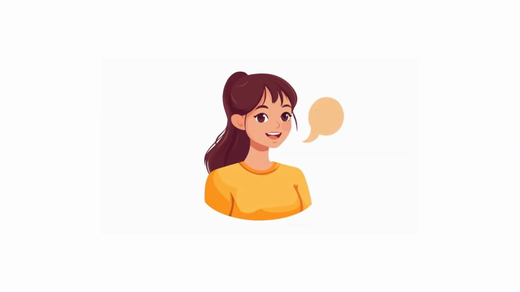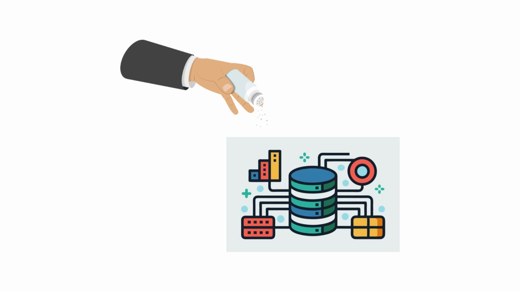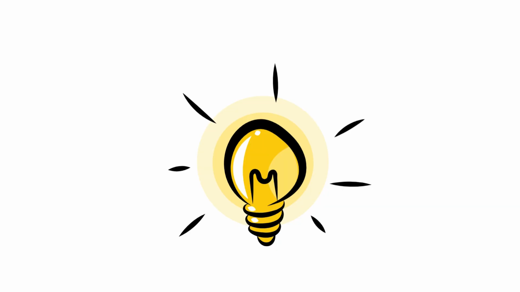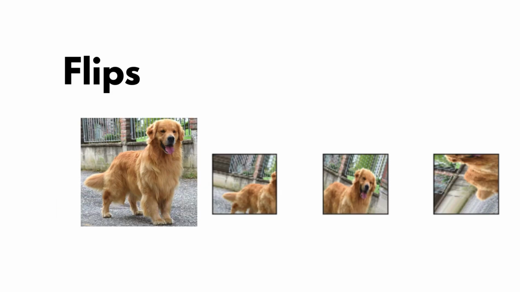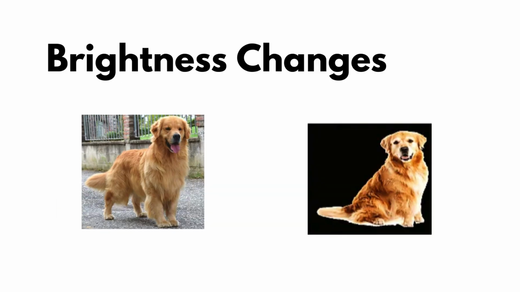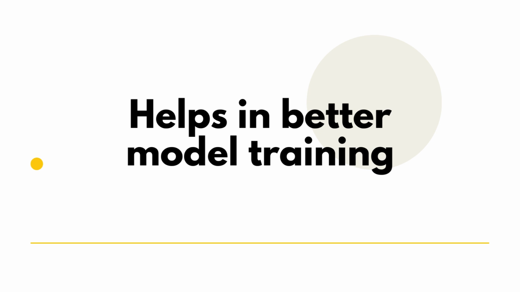Let's talk about data augmentation. Think of it as adding some spice to your dataset. The idea is to create new, varied versions of the original images by applying transformations like rotations, shifts, flips, and brightness changes. Why do this? Because it helps the model learn to handle real-world variability.